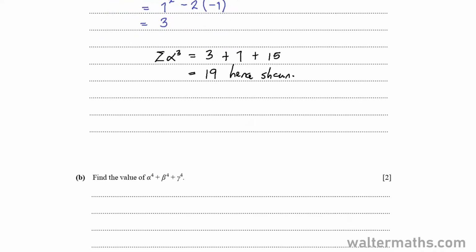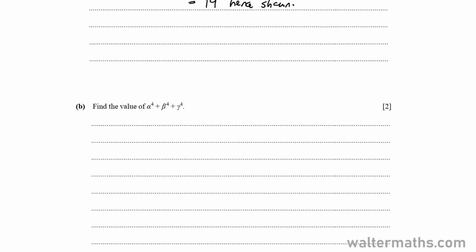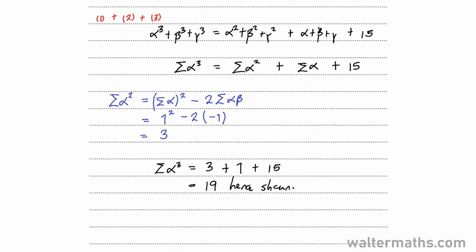Let's scroll down to part B. On part B, the question goes, find the value of alpha to the power 4 plus beta to the power 4 plus gamma to the power of 4. Now to answer this question, let us consider the original equation, where we had made z cubed the subject. So we start from there.